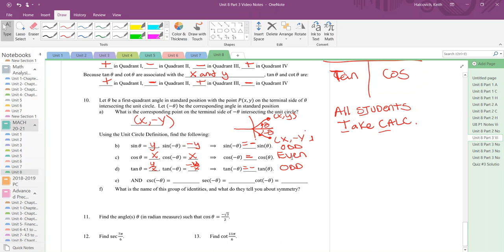And that follows, if the sine is odd, then the cosecant is odd. And if the cosine is even, then the secant is even. And if the tangent is odd, then the cotangent is odd as well. So therefore, this group of identities is called the even-odd identities.